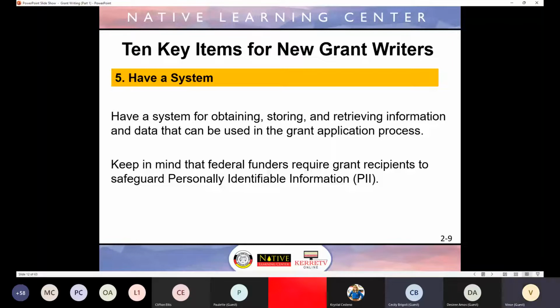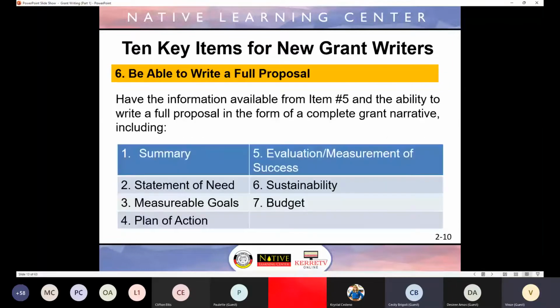Being able to write a full proposal. This is just a prelude to what we're going to talk about this afternoon. There are the 7 components that we're leading up to of writing a narrative. We're going to talk about these 7 things, but before we get there, we need to understand the fundamentals. This is actually from an orchestra conductor, from a quarterback, from a chef standpoint.